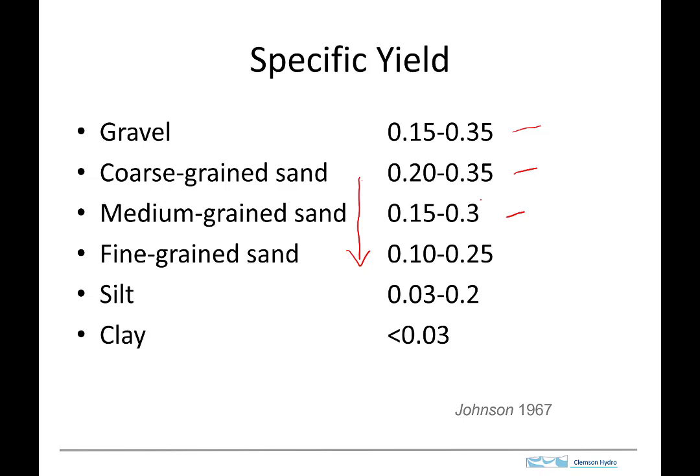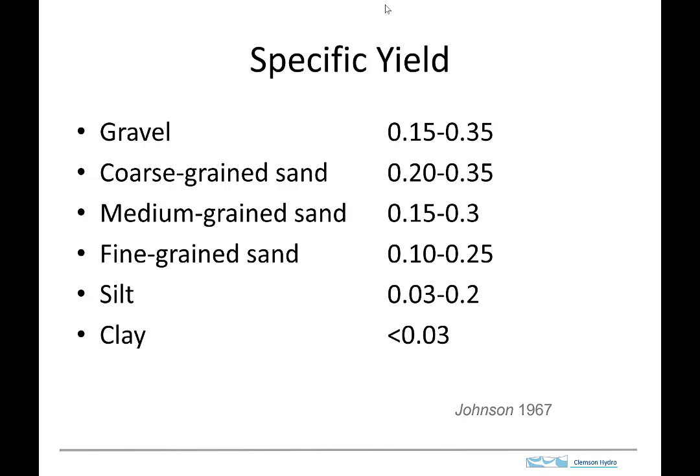And we can see that with silt, the specific yield can be quite low. The specific yield for clay is also quite low, generally less than a few percent. So the specific retention for clay is large, and the specific yield is small. And remember, the specific retention plus the specific yield is equal to the porosity.